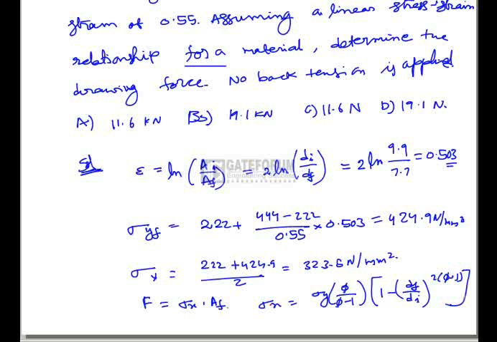So this is the given equation for sigma x, where phi is equal to 1 plus mu by tan alpha. Here alpha is the half die cone angle, which is given as 7 degrees, and mu is the coefficient of friction between the die and job interface. From those two we get phi equal to 1.9.